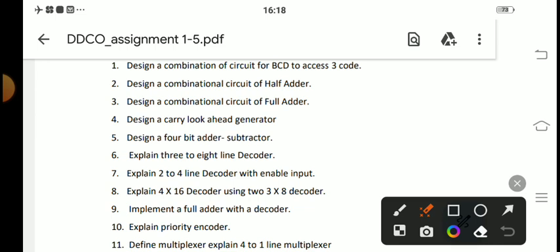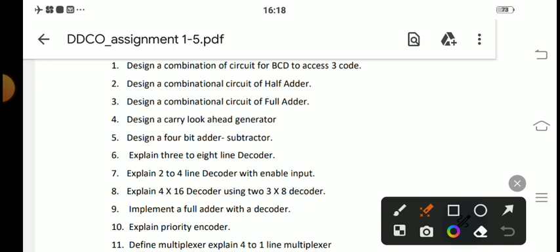And one more thing I wanted to clear here is, for the DDCO, you have an integrated lab, meaning for the DDCO lab you will not have an external examination. The internal test has already been conducted for you.